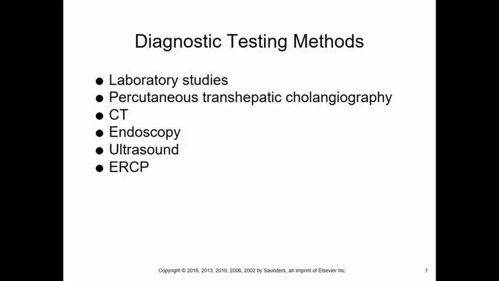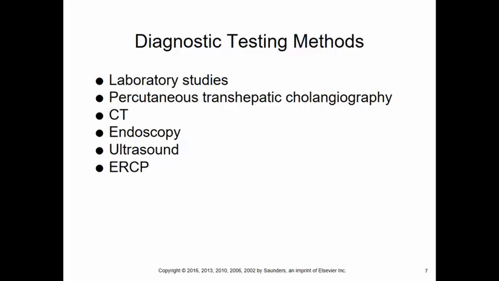So we measure the prothrombin time, or PT, because if the liver is damaged, the prothrombin time will be prolonged, because the prothrombin takes longer to be converted to thrombin, therefore increasing bleeding times.